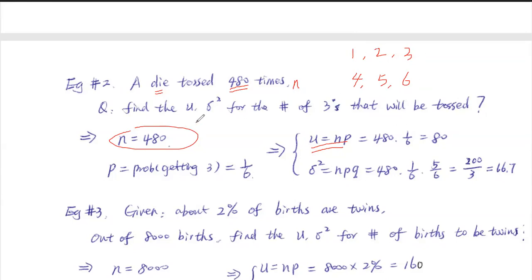But if we check the question here, everybody, they want to find out the average number of 3s that you are getting. So what does that mean? That means you can break these 6 outcomes into 2 outcomes. What are those 2 outcomes? The ones with 3 and the ones without 3. You see what I mean? So in other words, we still break that into 2 categories, 2 possible outcomes.